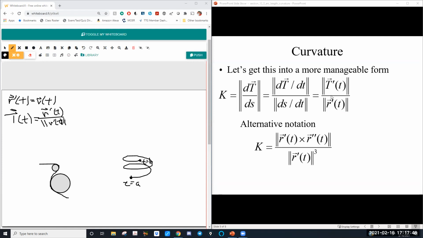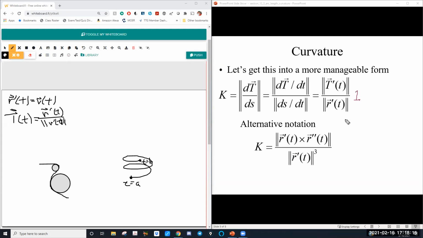It's hard to see intuitively why one is equal to the other, but because you're doing a lot of unit vectors on the top, that's why you keep getting this larger power of the magnitude of r prime. So we have both formulas, and we're going to use both formulas. The first one, I call number one.